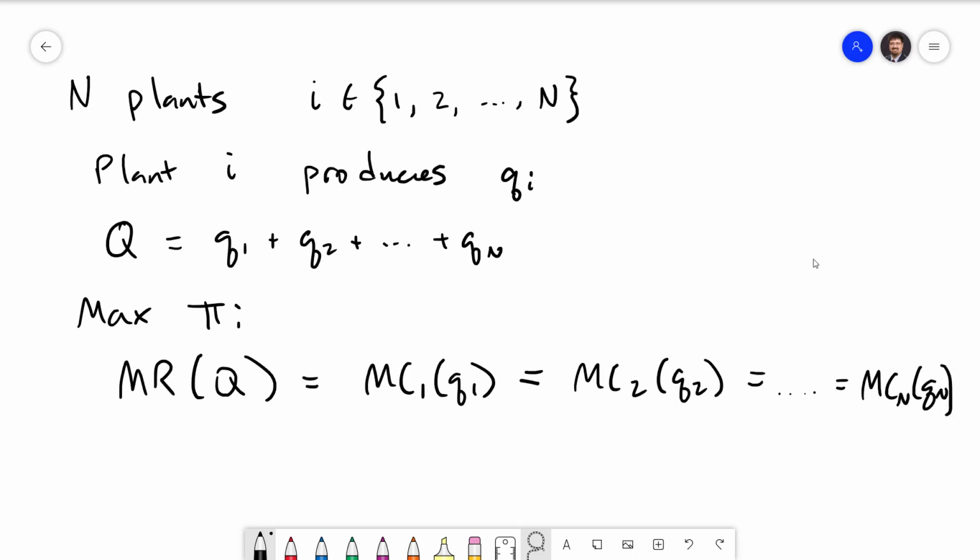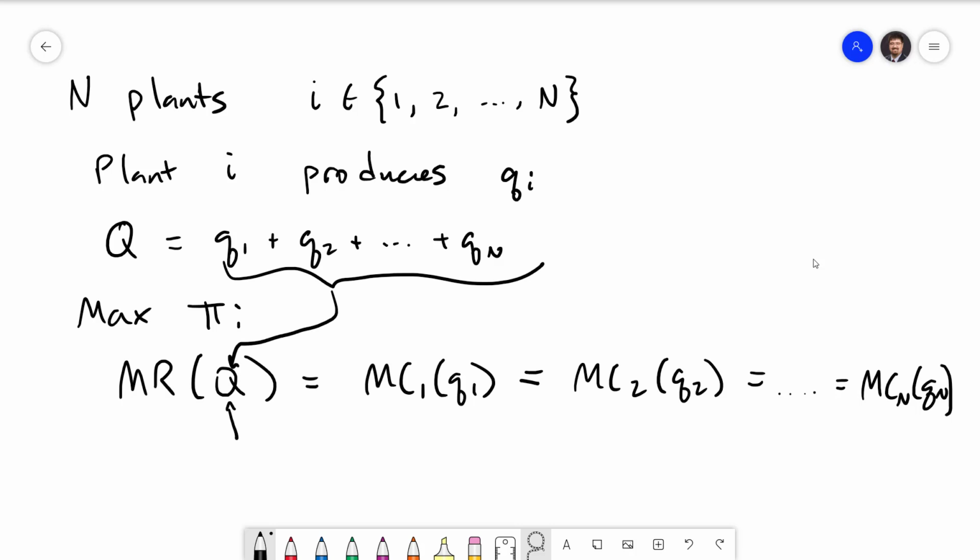Note that I'm putting the total quantity, big Q, inside of the marginal revenue function. This is because the consumers cannot tell and do not care which plant their goods came from. So once we get the goods to the market, we're dealing with big Q, all of the little q's added up. So when you're doing this, make sure to take all of these and plug them in right here.